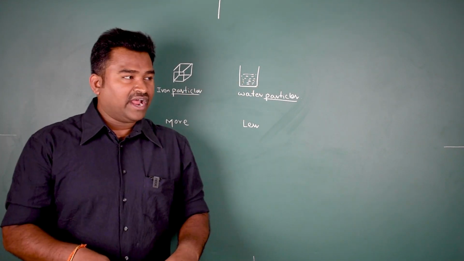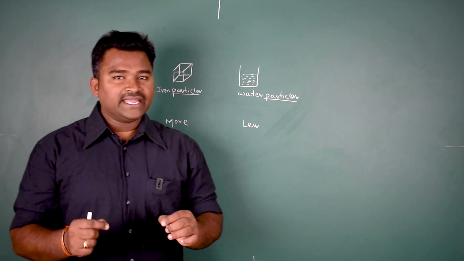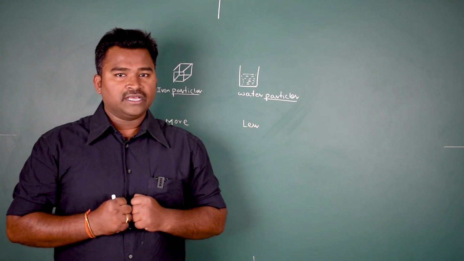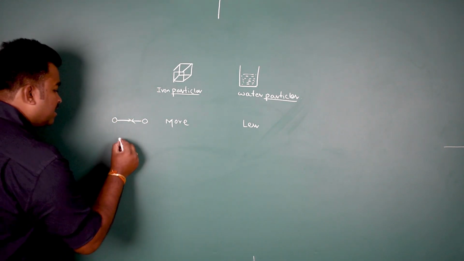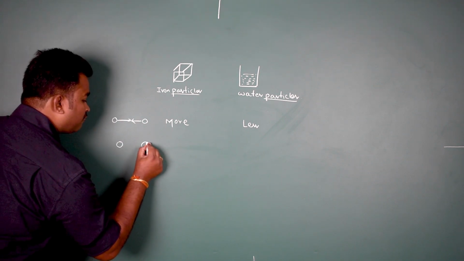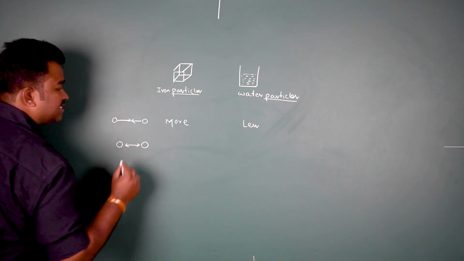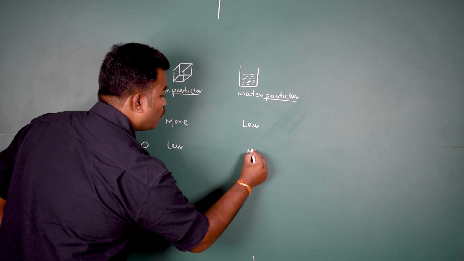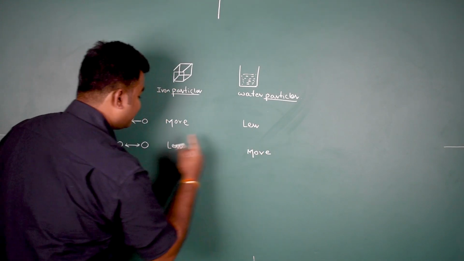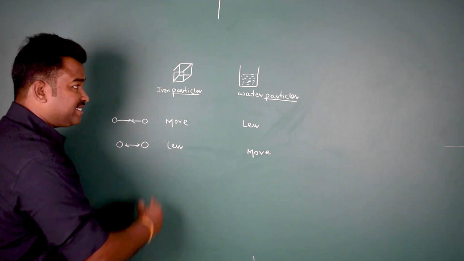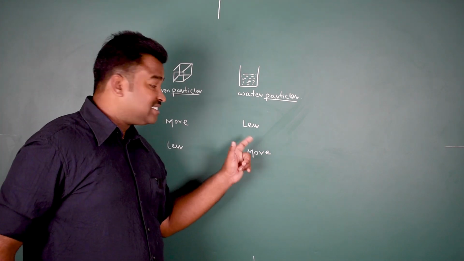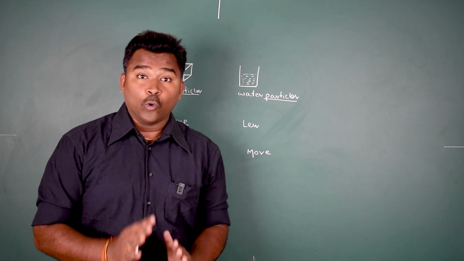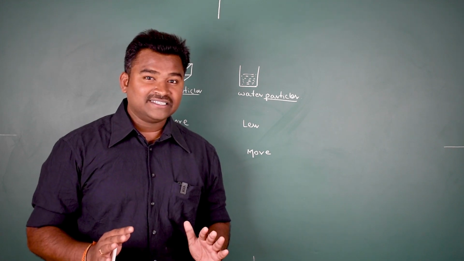Because of this attraction, the particles are so close to one another. So this tells me that the space between the particles of matter is less in iron. Here attraction is more, hence the space is less, and here attraction is less, hence the space is more. Do you understand this?